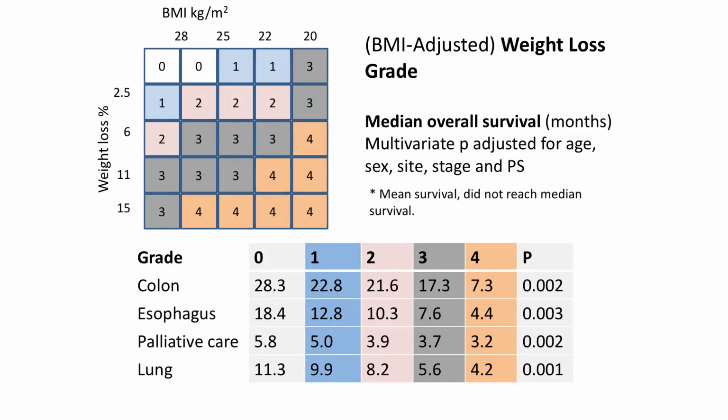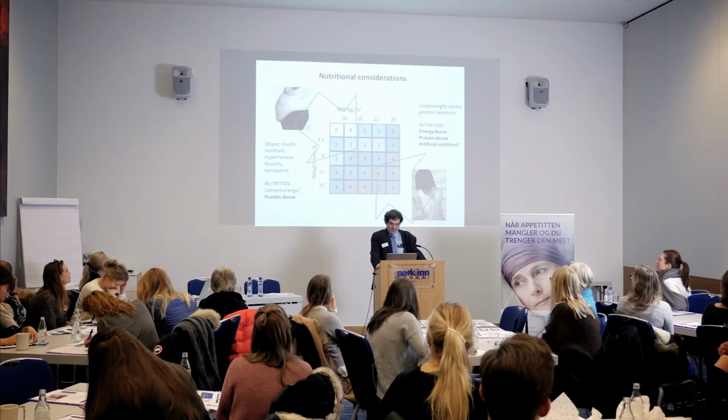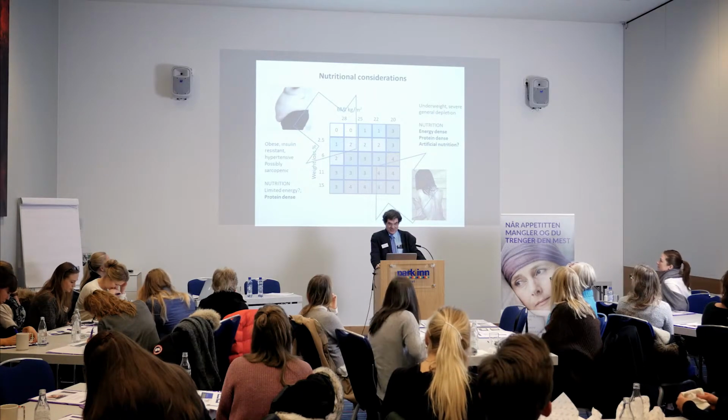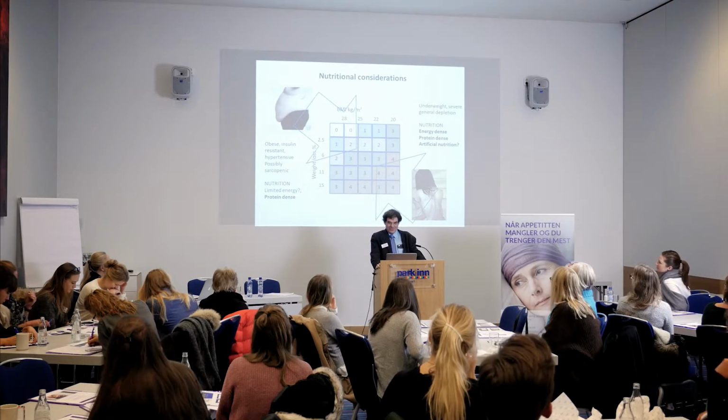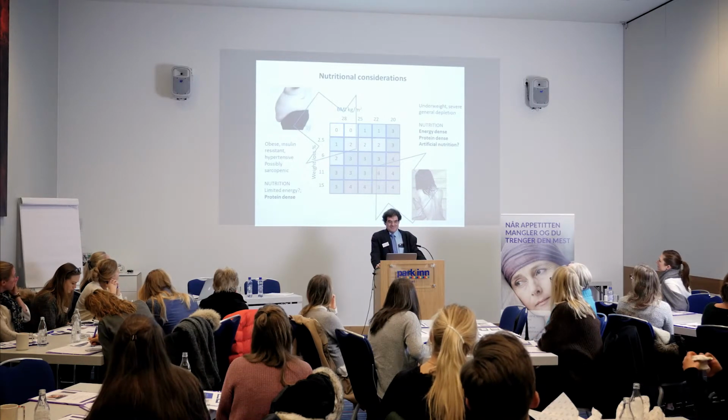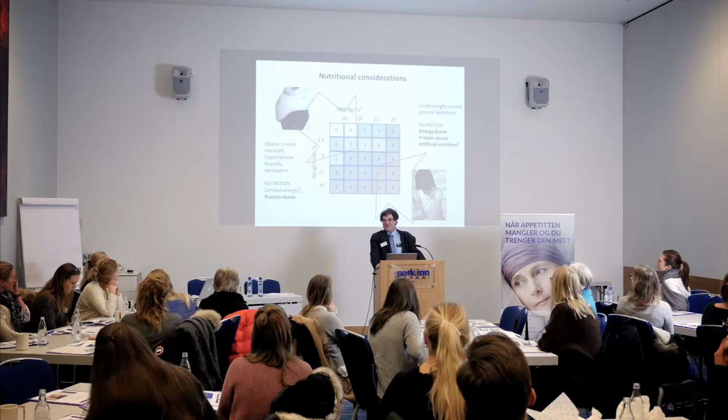And this is it broken down by various different disease types. And as you can see, the more the weight loss and the weight loss categories, the poorer the overall survival. The challenge, though, is even with your new guidelines, which were just released about 2 to 3 months ago from ESPEN, they're kind of a one-size-fits-all.